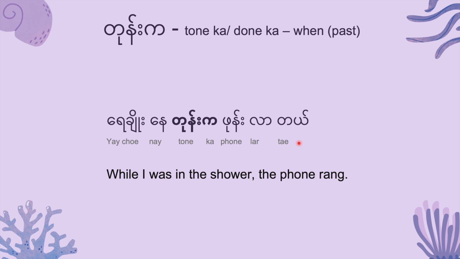Maybe in the morning when you were in the shower, the phone rang. In the morning, manaka ye cho ni dong ga phone la de. Or yesterday, maniga ye cho ni dong ga phone la de. Or maniga ain za lo ni dong ga phone la de. Or ain za lo dong ga phone la de. So when we use dong ga, it's indicating the past.